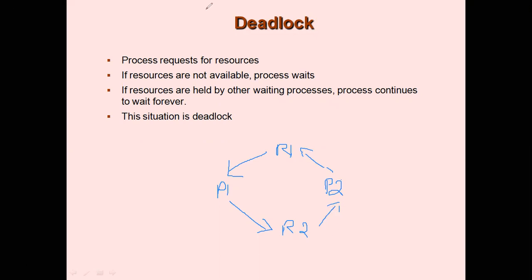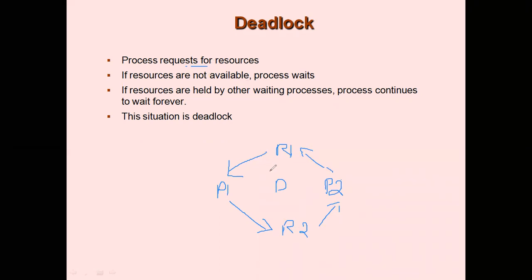Clear? Okay. So now P1 is requesting for R2, but R2 is held by process P2. P2 is requesting for R1, but R1 is held by process P1. So this is a deadlock state. Process requests for resources.